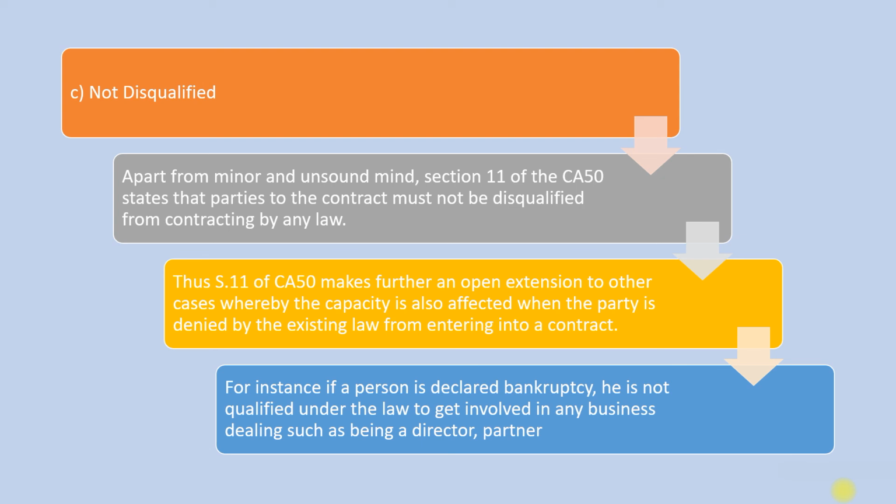But for contracts which are complicated, like giving a loan, facilities loan, and buying and selling properties, especially real properties, the law under the Insolvency Act disqualifies that person from entering into a contract.